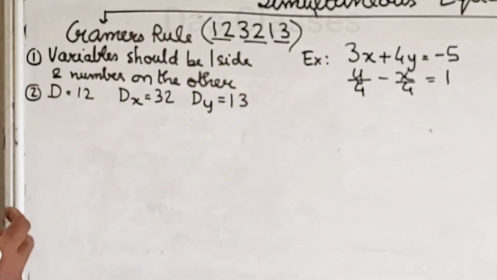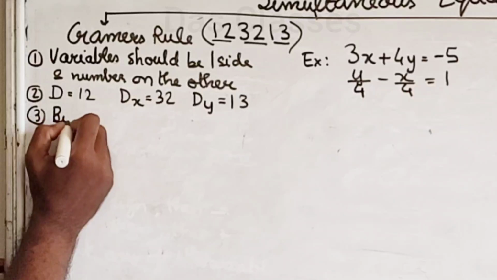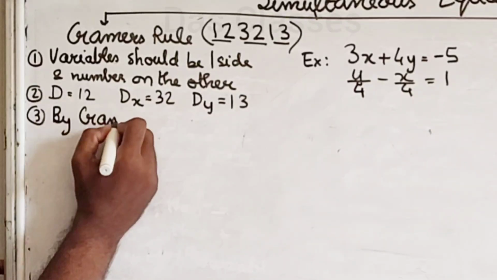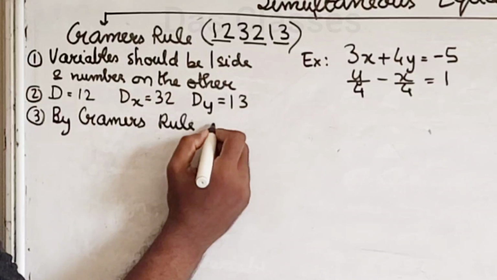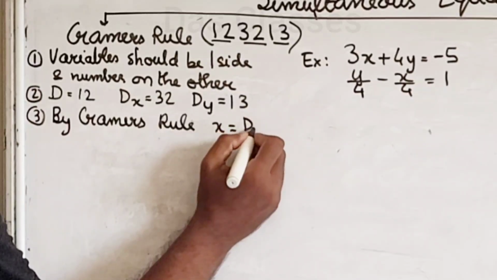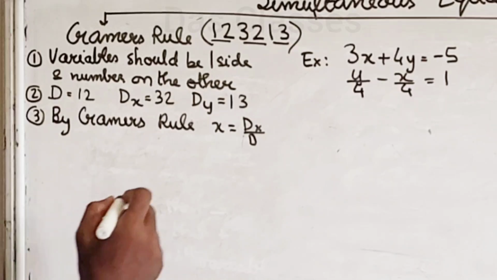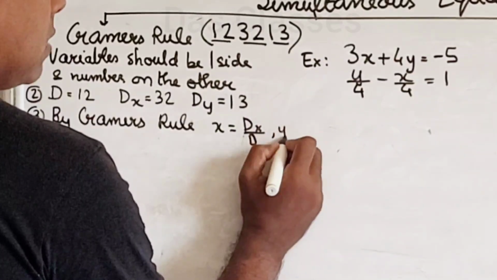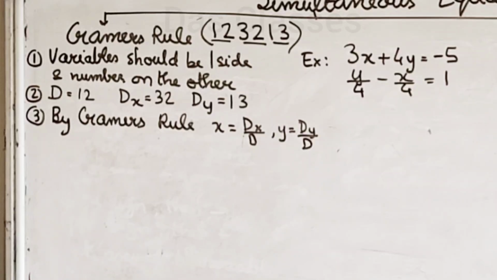Now let's start with our example. And the last step, by Cramer's rule, x would be Dx upon D and y would be Dy upon D.